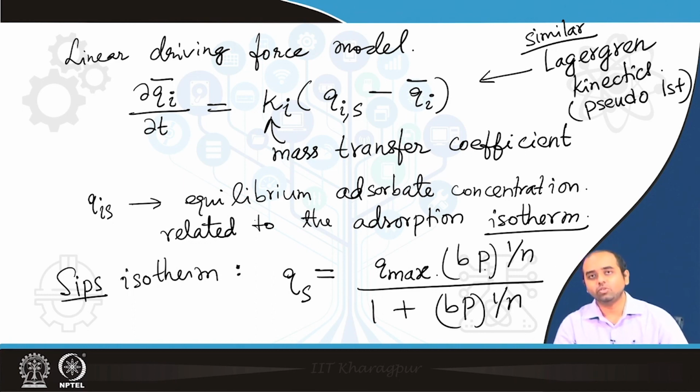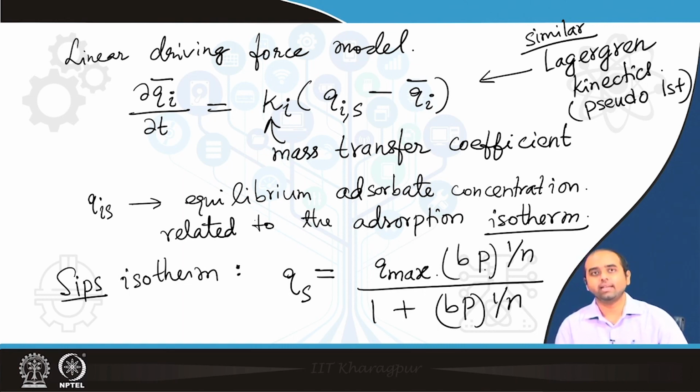If n is equal to 1, this is equivalent to the Langmuir model, right, and also if b is very small, this model can be related to the Freundlich model. So, this is one of the generalized forms, something in between the Freundlich and the Langmuir models.